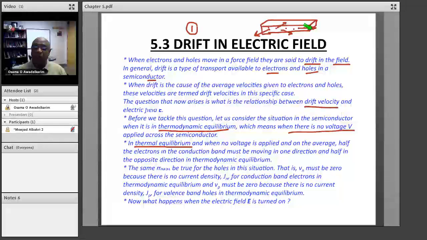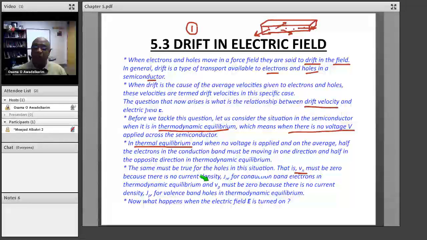The net current is zero, even though they move. That means the average motion in any given direction is zero. They move equally well in different directions and opposite directions, so their motion cancels one another. In that case, their Vn, the average velocity of the electron, must be zero.